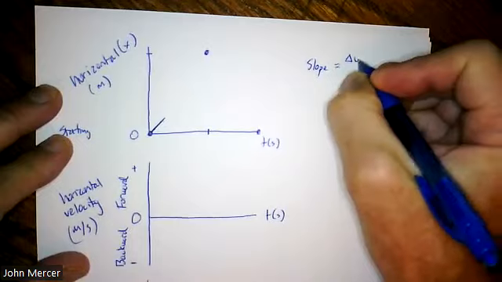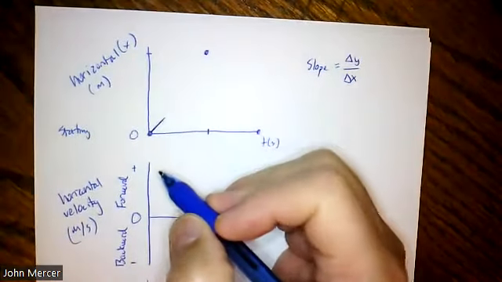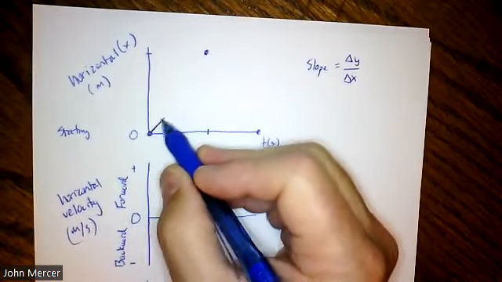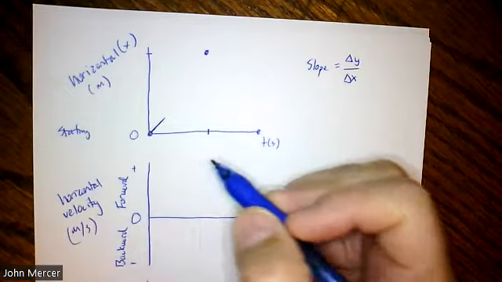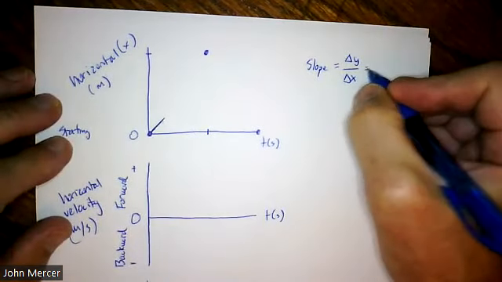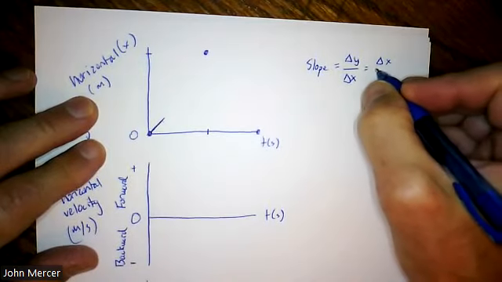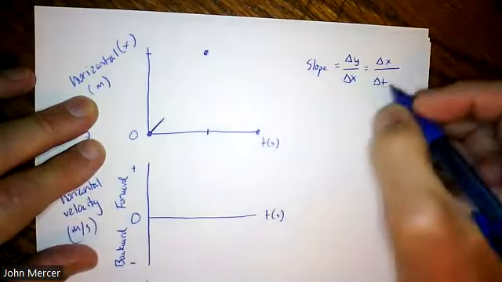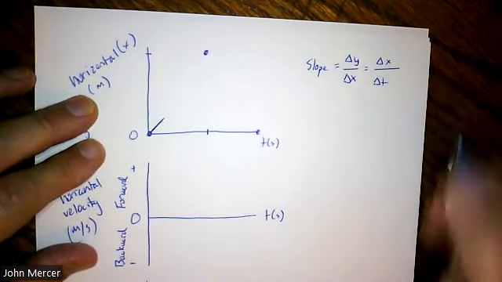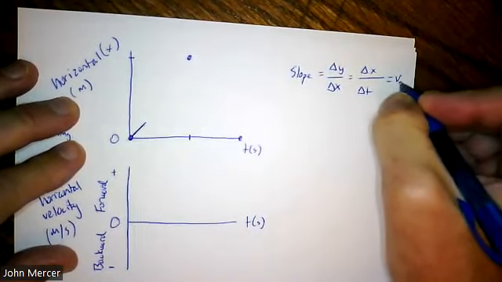Remember what slope is. It's change in y over change in x. It represents how steep this line is and whether or not this line is steep going up or steep going down, going in the opposite direction. Well, in this case, our change in y is change in x dimension, displacement, over change in the x, which will be change in time. Well, that is our equation for velocity in the x direction.